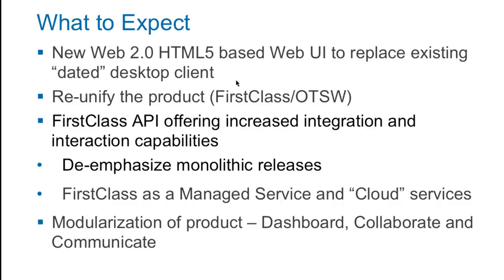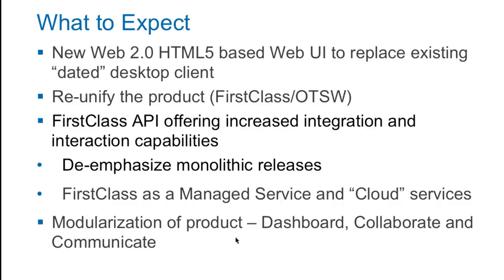And the best part of that is those are technologies that you don't mind training somebody on because they're transferable to other aspects of their job versus FirstClass RAD, which is sort of narrow and sort of closed, right? FirstClass has always been a very, very closed, siloed product. And what we're trying to do is sort of tear down those walls with FirstClass 12 and make it easier for people to get data in and out of FirstClass and really make it the cornerstone of their collaborative and groupware products.